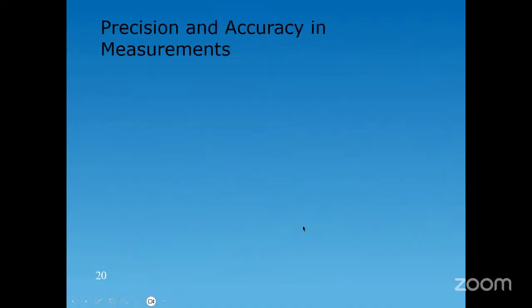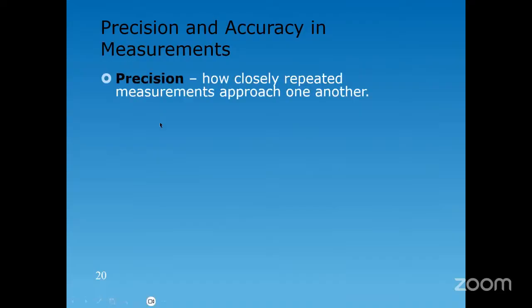Okay, so now that we have covered the different types of measurements, we're going to talk about some very important aspects of carrying out measurements, and that is involving these two terms, precision and accuracy. And again, this is one of those situations where in everyday language, people think that these two terms mean the same thing, but technically speaking, they're different.